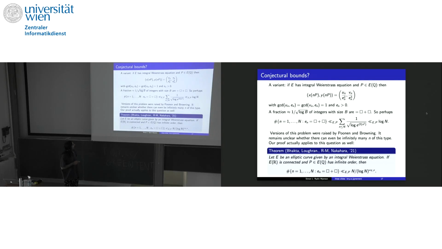Yes, and our results actually all apply. Because we wanted to formulate them in a nice general way, this isn't totally clear in the paper, but our proof actually applies to the problem formulated in this way as well.